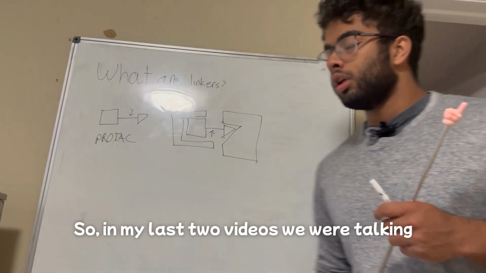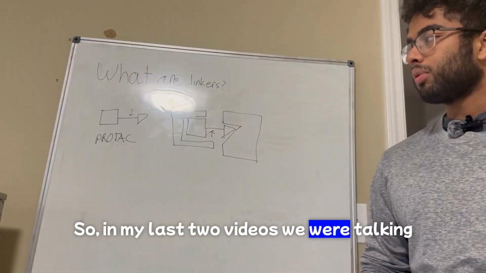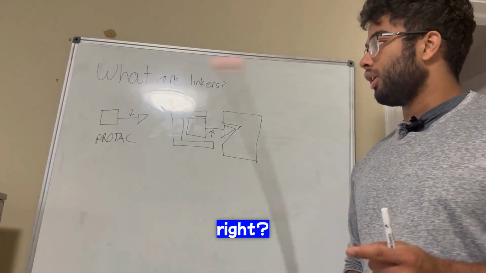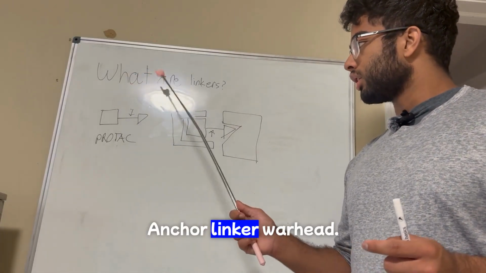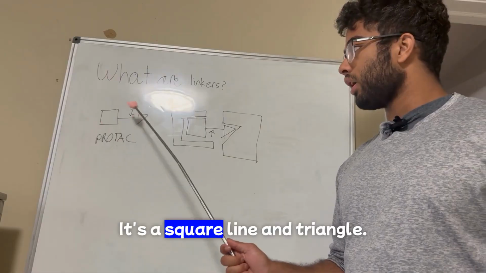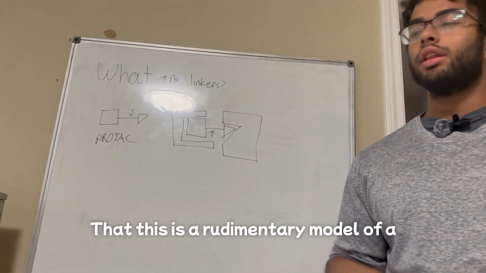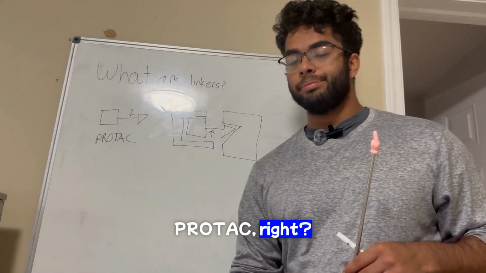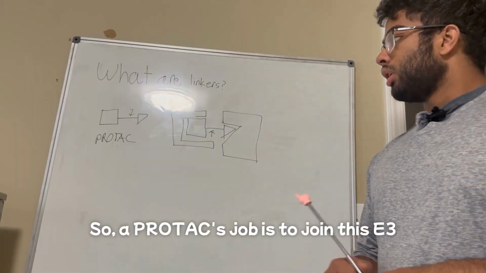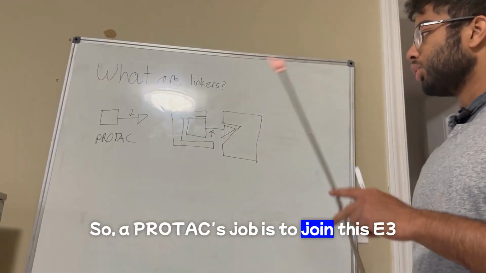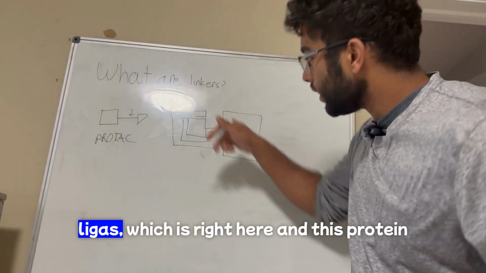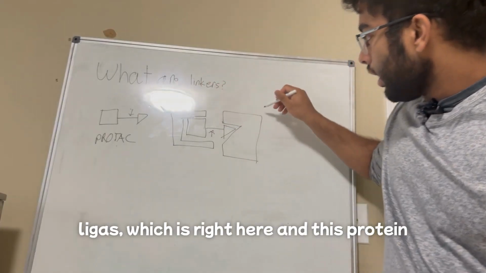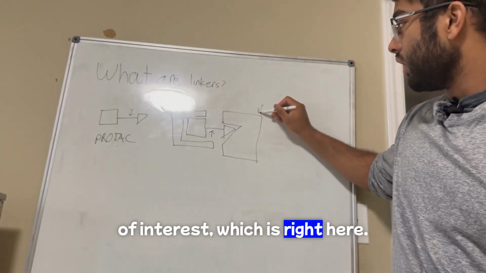What's a linker? So, in my last two videos, we were talking about this drug called the PROTAC, right? Anchor, linker, warhead. It's a square, line, and triangle. This is a rudimentary model of a PROTAC, right? So a PROTAC's job is to join this E3 ligase, which is right here, and this protein of interest, which is right here.